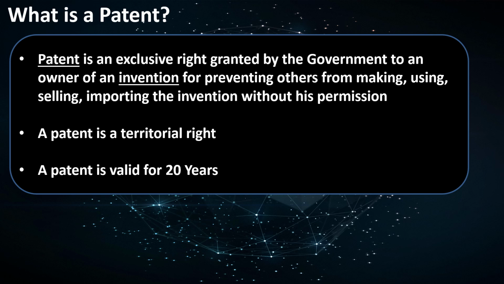So just because that should not happen, the government of each country has this patent policy, which prevents others from making, using, selling the invention without the permission of the actual inventor, and gives the rightful authority over the invention to the inventor.